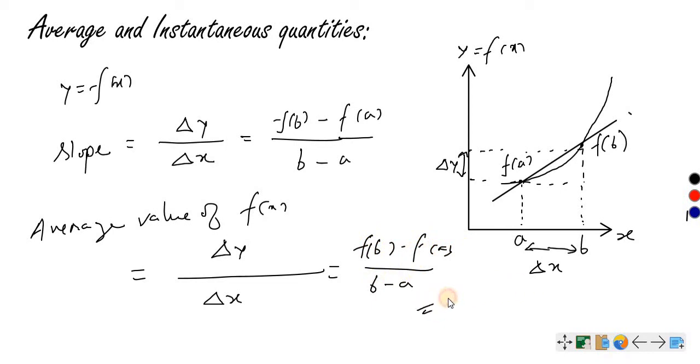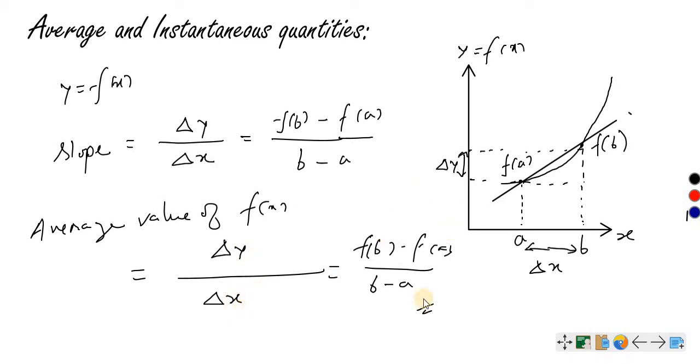This is what we have to understand: whenever we are asked to find the average value of a function, we have to take the rate of change of y with respect to x, okay?